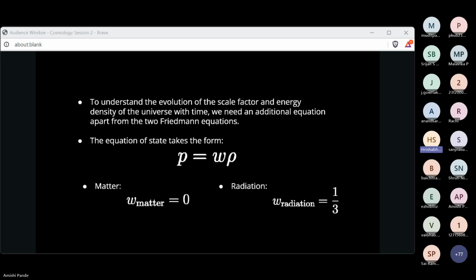I don't move at the speed of light, neither do you, isn't it? So we are matter. If you try to solve it on your own, you will see that there comes a term v by c, the velocity over the speed of light. Our velocity is very small compared to the speed of light, so it's almost zero. That is why the equation of state parameter for non-relativistic matter is zero.